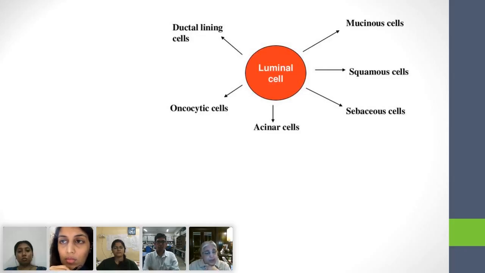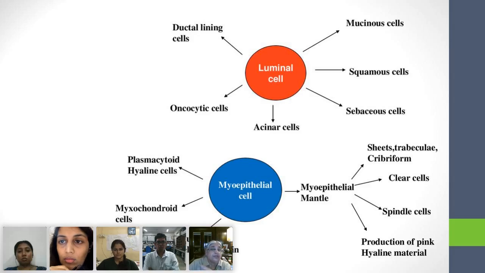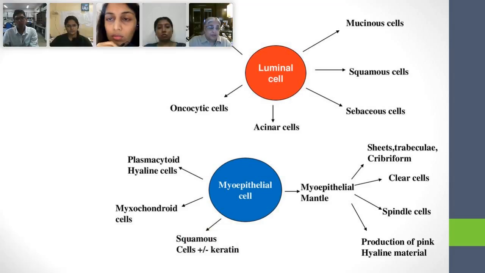But when you come to the myoepithelial cells, which you can't even see under normal circumstances, the myoepithelial cells under conditions of neoplasia will produce a variety of different forms. Sheets, clear cells, cribriform patterns, spindle cells, hyaline material is produced.